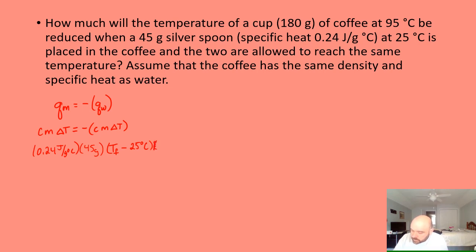Then we will set that equal to, erase the little typo I made there. We will set that equal to the negative Q of the water. The specific heat of water is 4.184 joules per gram degree Celsius times the mass of the water, which is 180 grams.